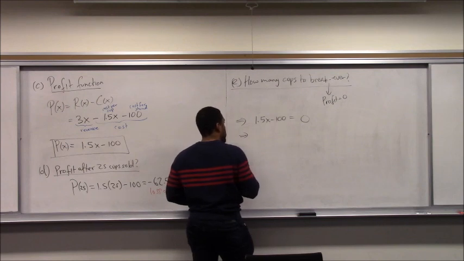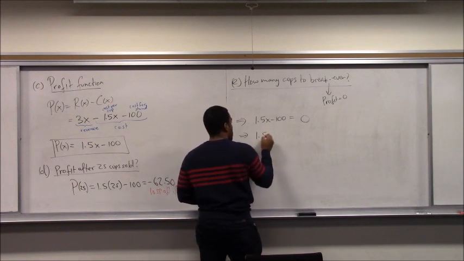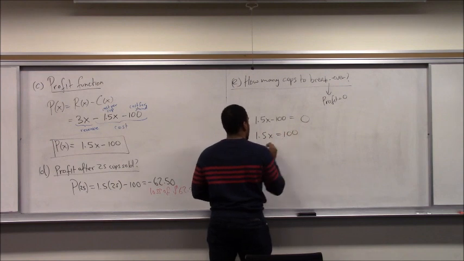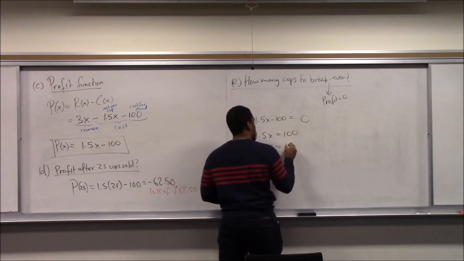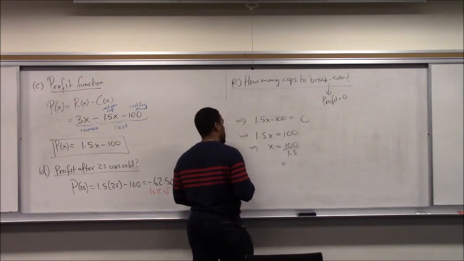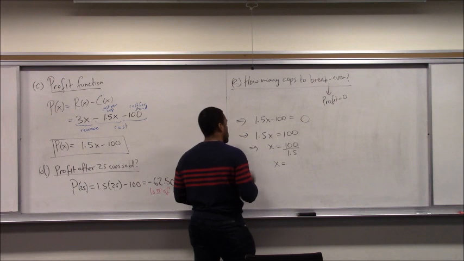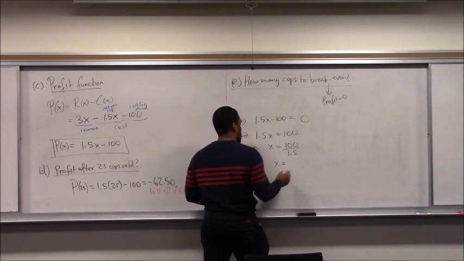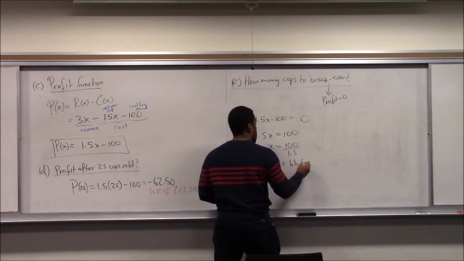How would you solve it? Add 100 and divide by 1.5. What is that? 66.66, so 67 cups.